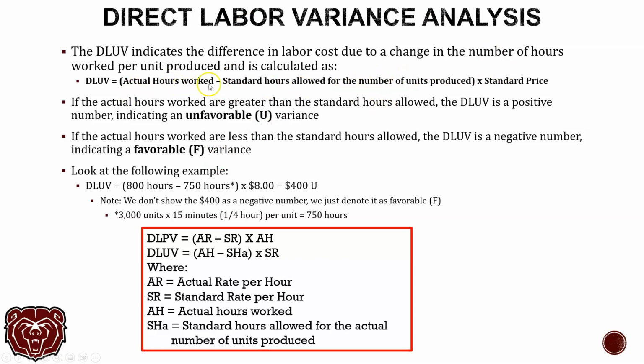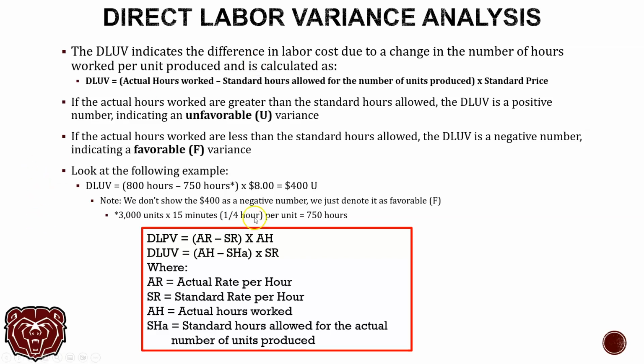So you take your actual hours worked, less those standard hours, times the standard price, okay? If your actual hours worked are greater than the standard hours allowed, then the variance is going to be a positive number. This indicates an unfavorable variance. It is higher, okay? If the actual hours worked are less, then your variance is going to be a negative number, indicating that it's a favorable variance, okay?